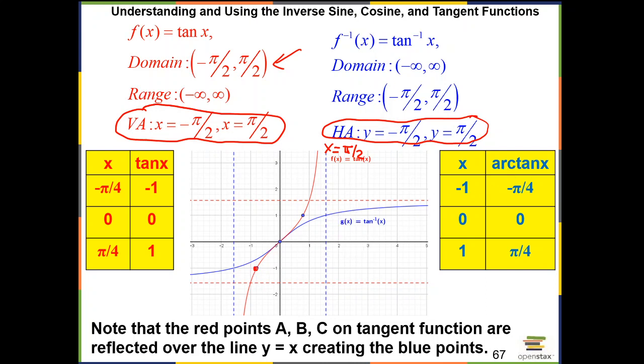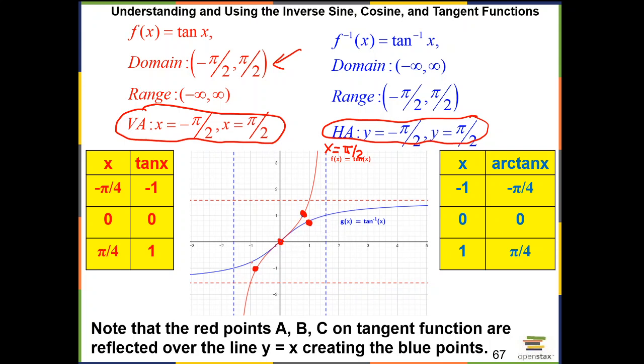Now we can take these 3 points on tangent, which are negative pi over 4 and negative 1, 0 and 0, and pi over 4 and 1. And just switch x and y to graph the corresponding points, which are not here.